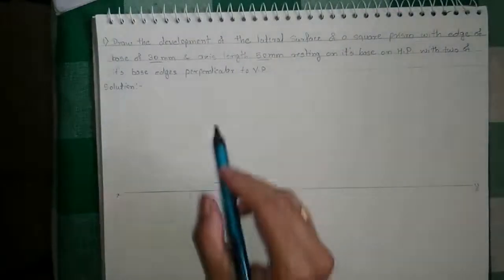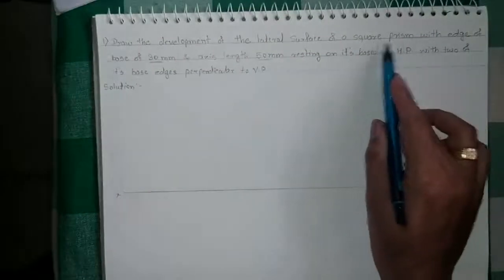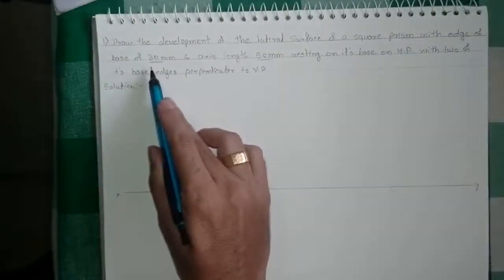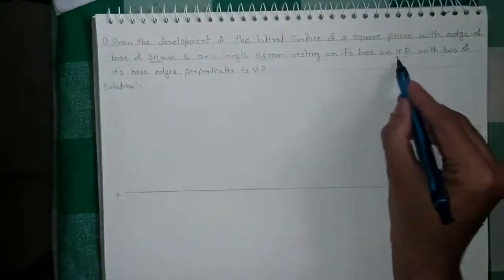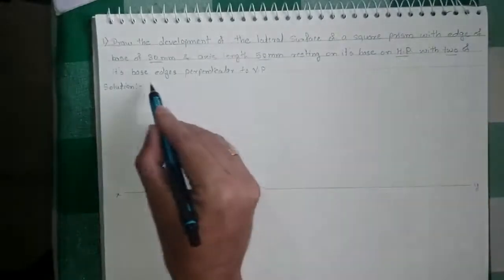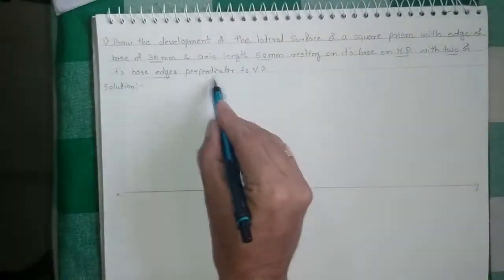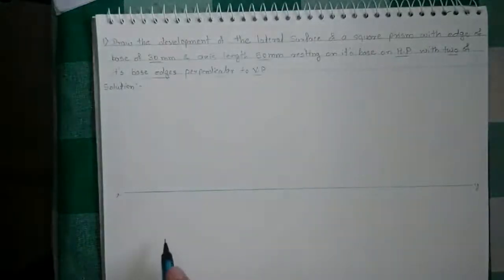Now we draw a square prism with base edge 30 mm, resting on HP with two base edges perpendicular to VP, which means we draw a vertical square.